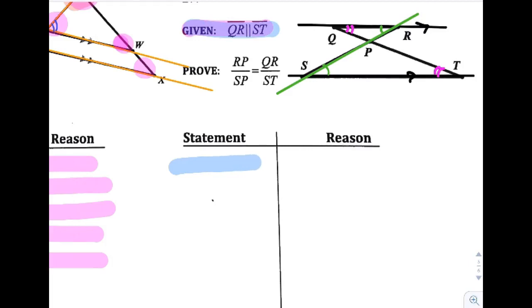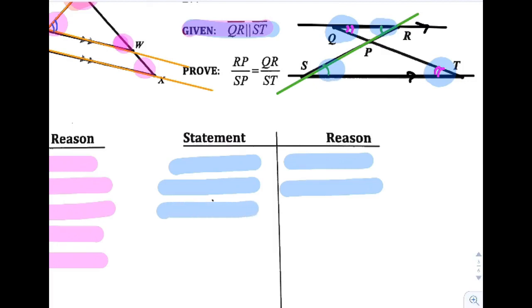QR is parallel to ST, given. Then you can say angle Q is congruent to angle T because alternate interior angles are congruent. Or you could say angle S is congruent to angle R because alternate interior angles are congruent. Or you also have the option of talking about the vertical angle in the middle.